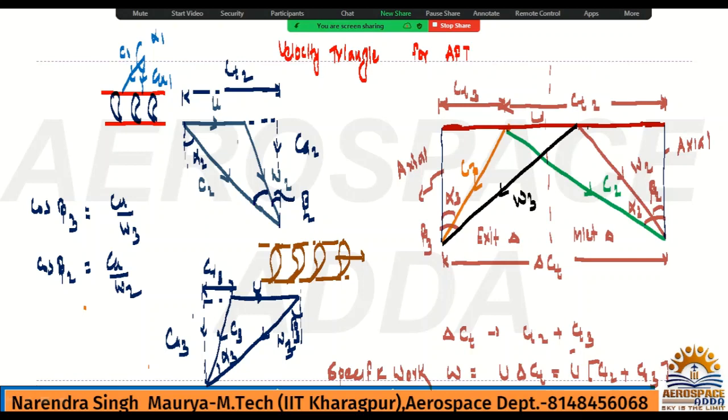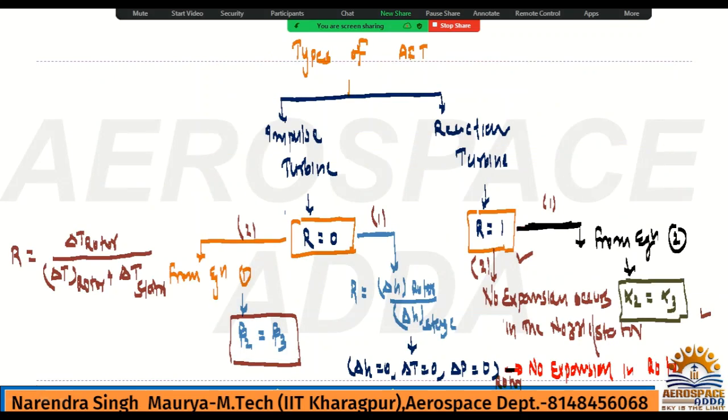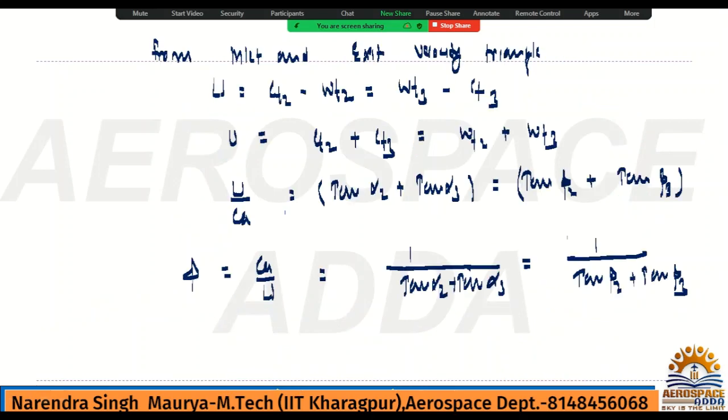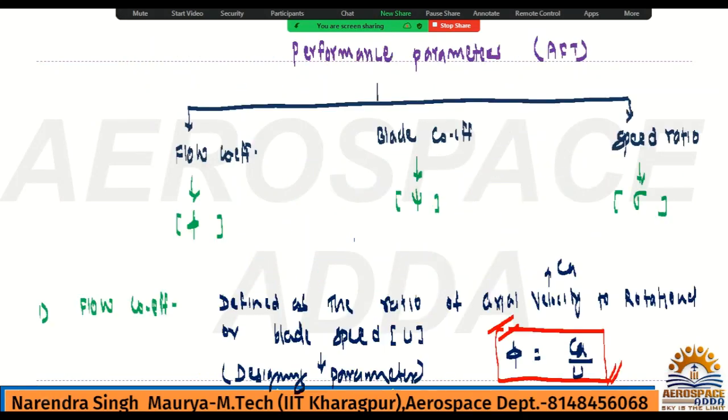If you write for C2, this angle will be 180 minus 90 minus beta 2, right? You can apply it from the inlet triangle. You might have heard of the sine and cosine rule in 10th standard mathematics. This is the sine rule, and if you apply it here, it will help you in numericals. So u divided by sine of alpha 2 minus beta 2 is equal to C2 divided by the sine of the angle in front of it.